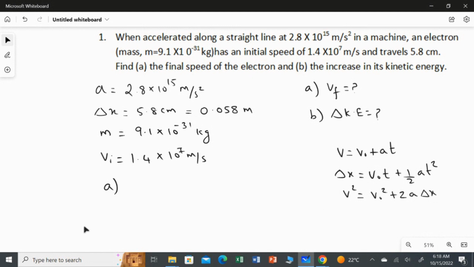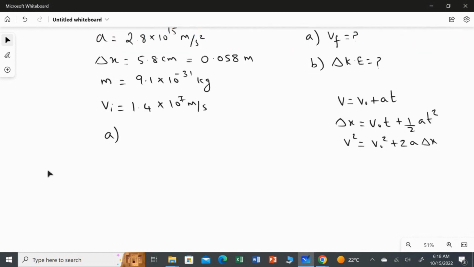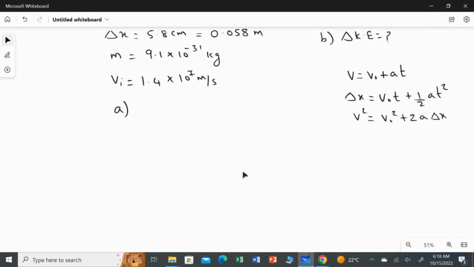So I'm going to use the third equation. Our third equation is v square = v0 square + 2 a delta x. So I'm going to write this equation. v final square = v initial square + 2 a delta x. Now I'm going to substitute the values: v final square equals our initial speed, 1.4 × 10^7, the whole square, plus 2 into a.